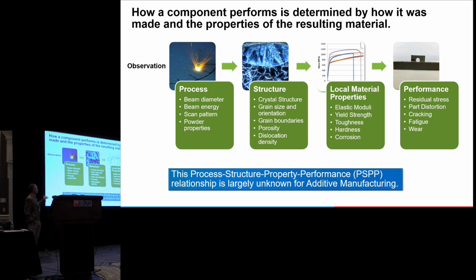The scan pattern, the beam power and velocity, and just how it goes across the surface. All of that leads to the microstructure itself, the grain structure, the orientation, the grain boundaries, porosity, all of that stuff, which directly affects the properties of the material and then how it performs in a particular application.